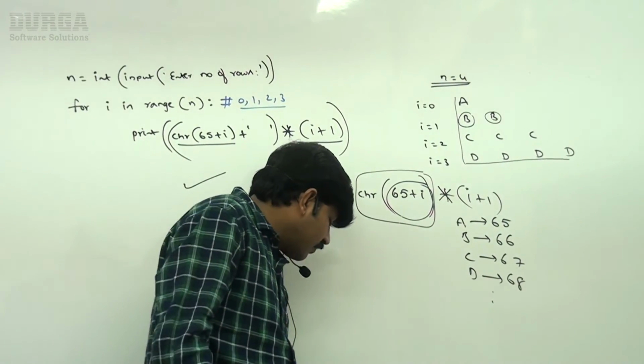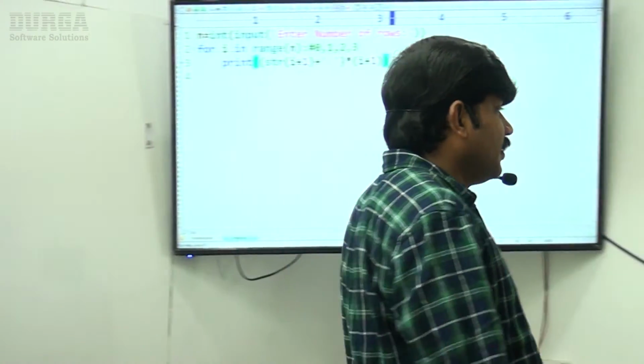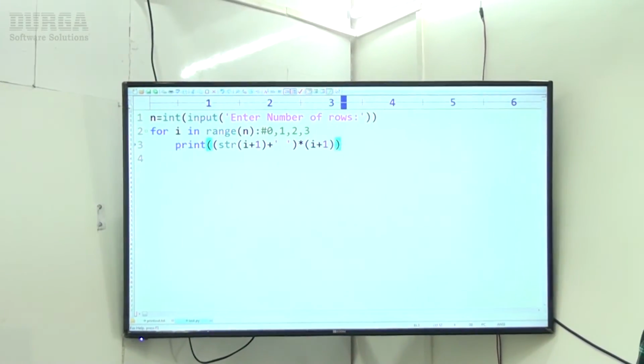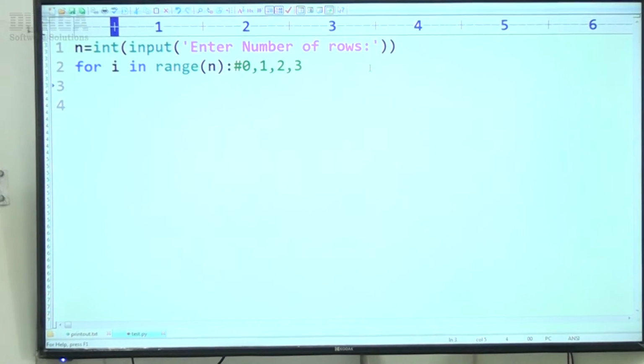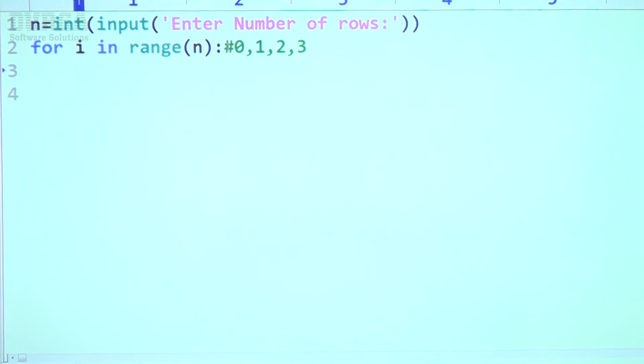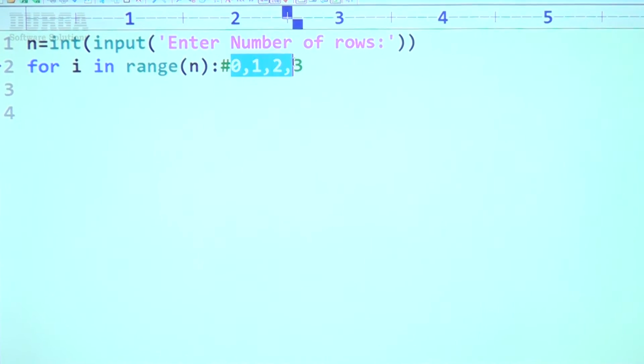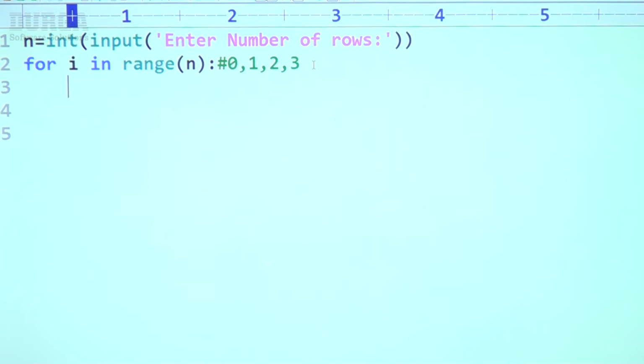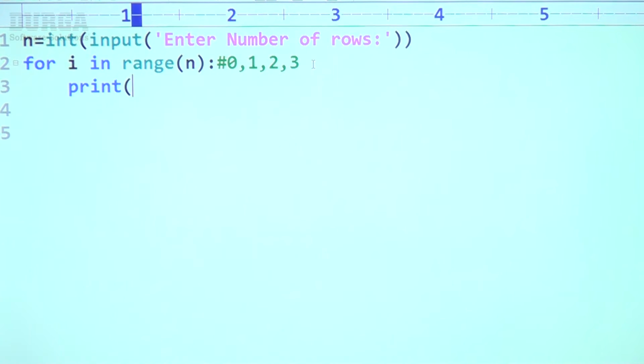Have a look once. Let me consider for i in range of n. Assume n is equal to 4, meaning 0, 1, 2, 3. Now print chr of 65 plus i value, that character, then a space.